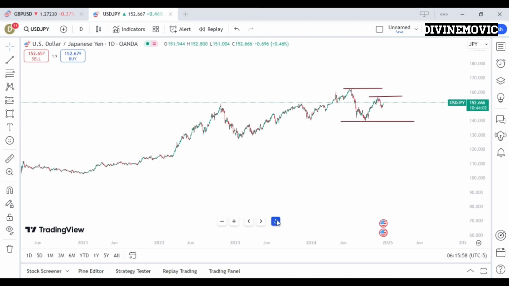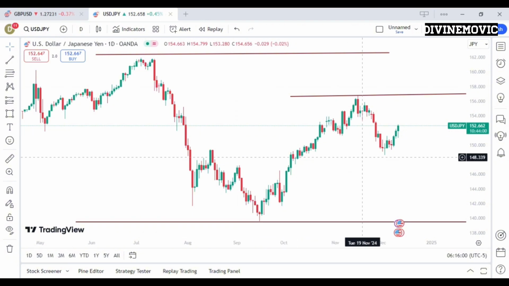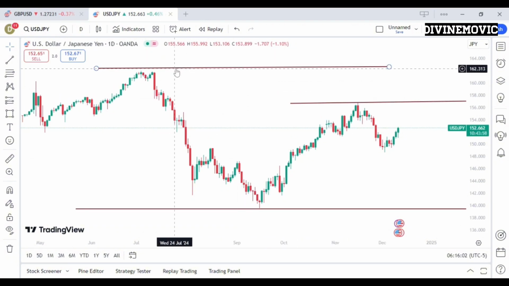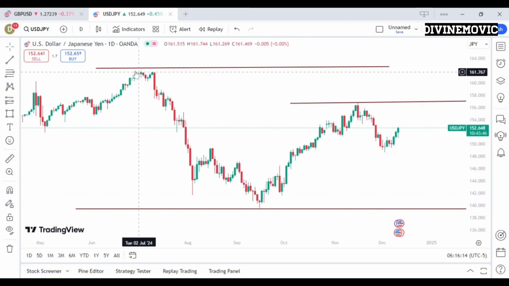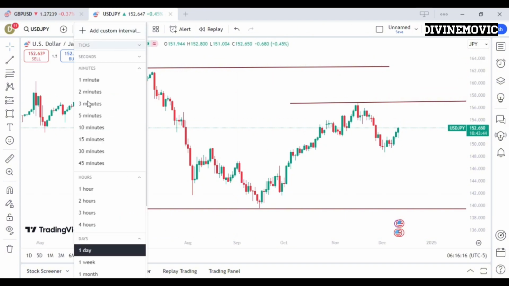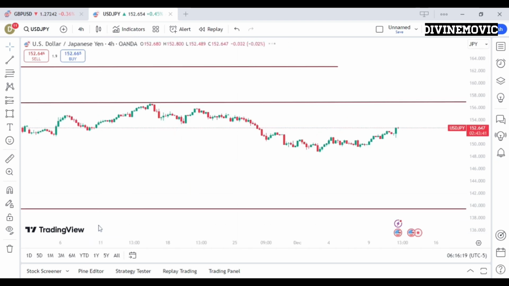Our interest now is to understand the market structure that price has created from these key levels and know how we are going to follow price to where it is going. In this case, price is going to the upside, but the key level is going to determine if price is going to continue or fail. For us to do that, we want to move to the 4 hour time frame. On the 4 hour time frame, we are looking for market structure and supply and demand zones.